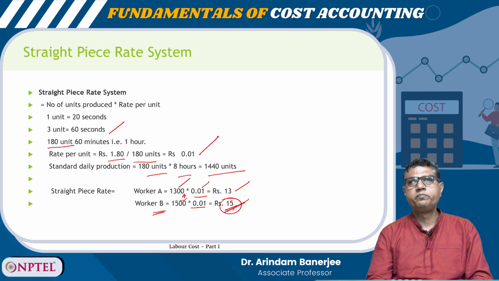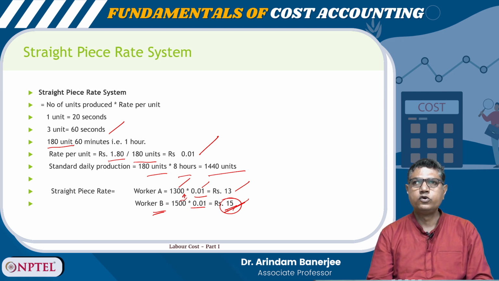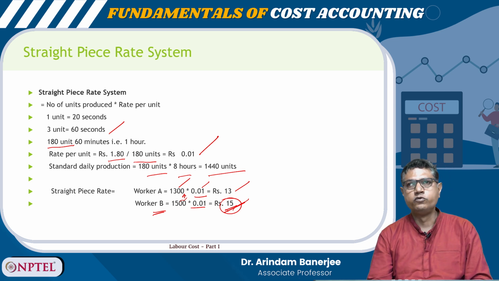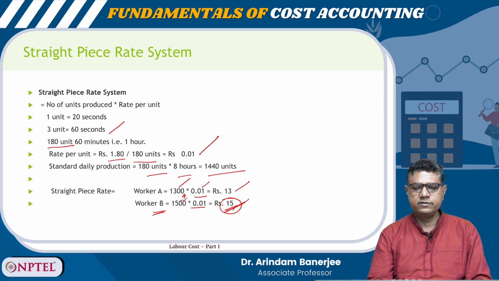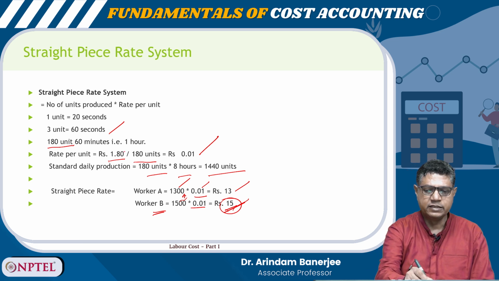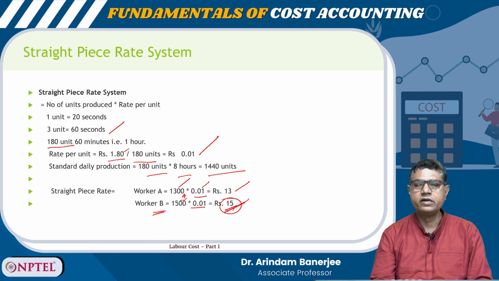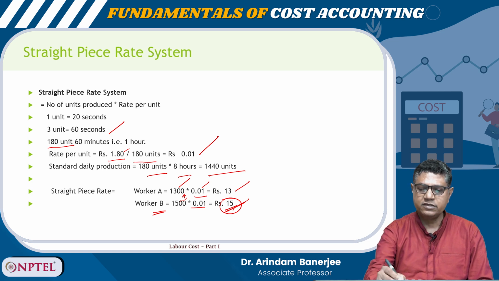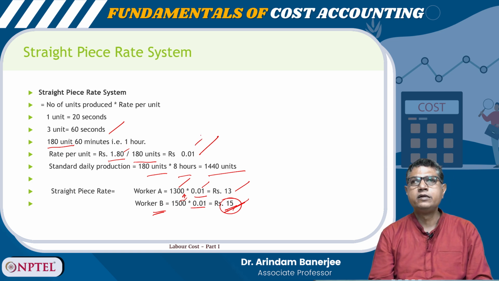Under the straight piece rate system, we can calculate it. One unit takes 20 seconds, so 3 units take 60 seconds, and in 1 hour he can produce 180 units. So, rate per unit is rupees 1.80, as given in the question, divided by 180 units, so it is rupees 0.01.